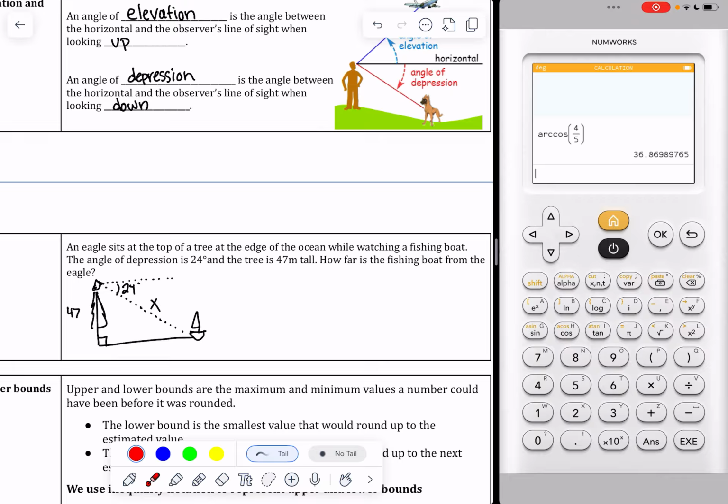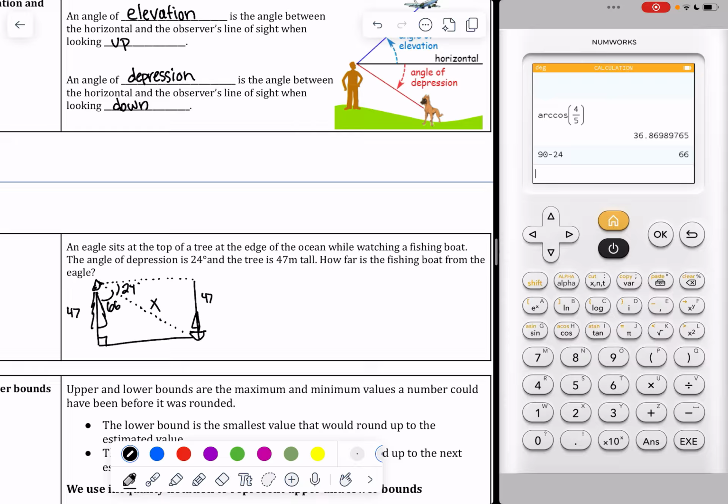And we can either build another triangle here where this distance would be 47, and then we can use SOHCAHTOA using 24 degrees. Or what you could do is figure out what this angle here is, because we know that these two will add up to 90. So if we do 90 minus 24, that will give us 66.